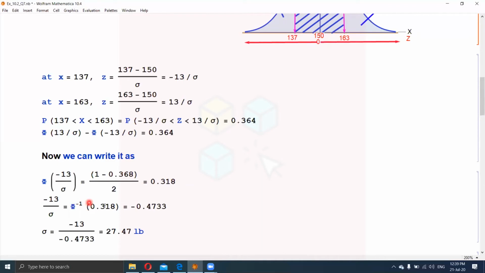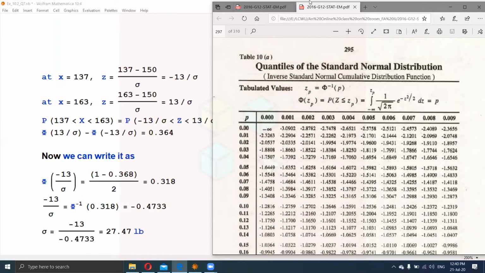And we will locate this value phi inverse of 0.318 in the table 10a of phi inverse, which is the table of quantiles of standard normal distribution. This is the table of quantiles of standard normal distribution in which phi inverse of p is given, and we have to use this table. We will locate our value 0.318 under the probability column.